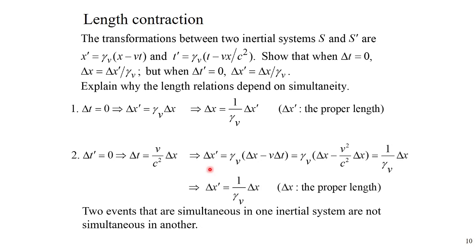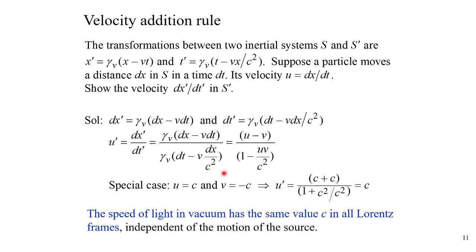Okay, let me give you another example: the velocity addition rule. It tells us that the transformations between two inertial frames, S and S prime, are here. Suppose a particle moves a distance dx in a time dt.